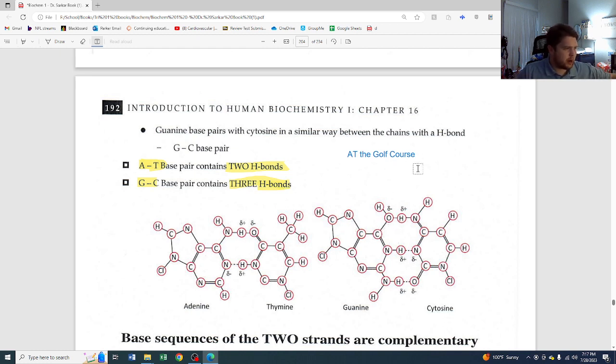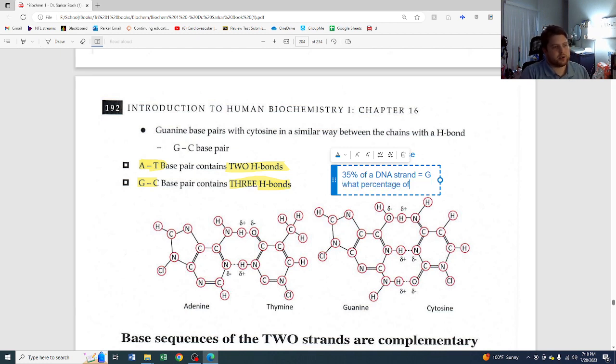Because these always pair with each other, you can identify the percentages within a strand of DNA by only knowing one of the numbers. So let's say 35% of a DNA strand is guanine, and it asks you what percentage of the strand is thymine.